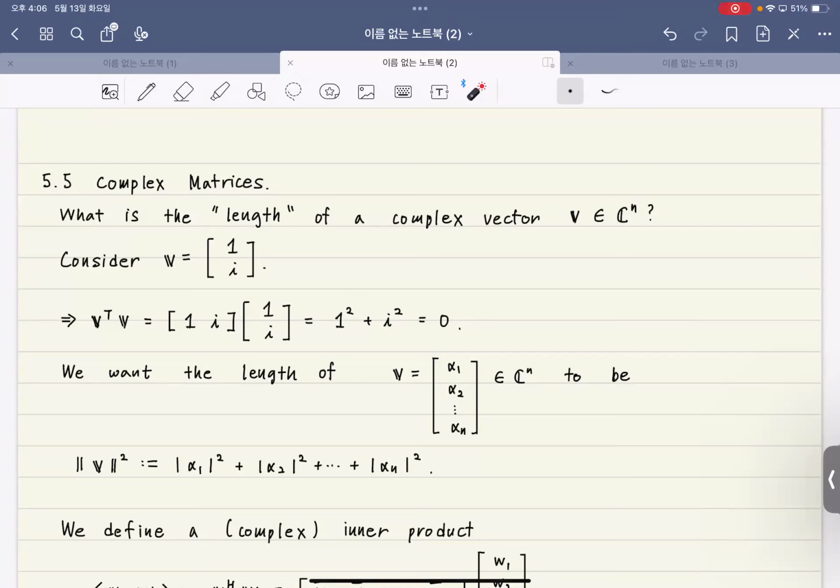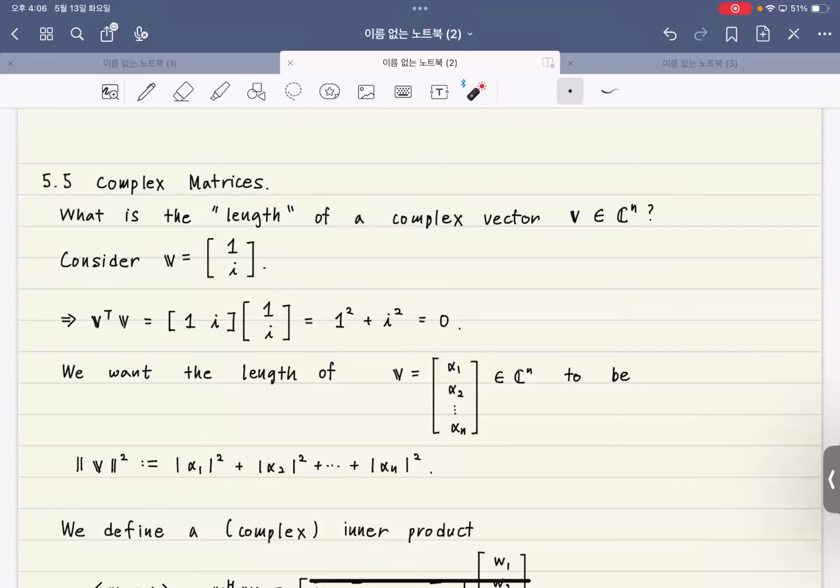So I prepared a tiny little example. Let us consider this vector. This is a complex vector, a two-dimensional complex vector, 1 and i. And I want to compute the length of this vector. How do you compute the length of a vector?